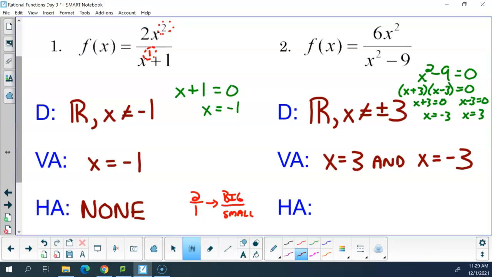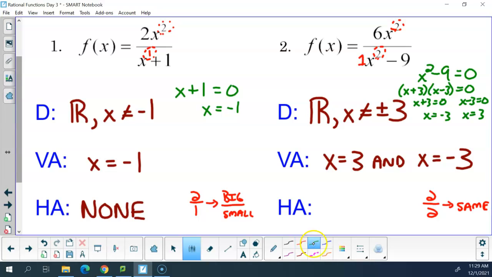Degree of the top, 2. Degree of the bottom, 2. So they're the same. So that means then that I have to look at, what's the lead coefficient on the top? 6. What's the lead coefficient on the bottom? 1.